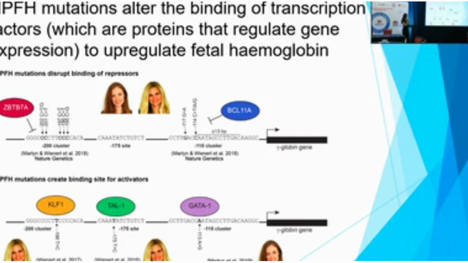They also discovered that for a number of other mutations, rather than stopping repressors from binding, these mutations made sites for activating transcription factors to bind. These single base pair mutations, so single changes, were enough to cause a new transcription factor to bind to turn on fetal hemoglobin in cells where it would normally be turned off.